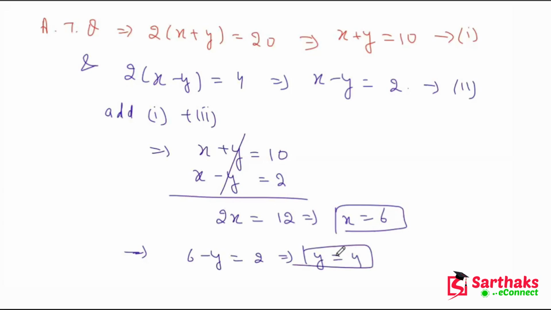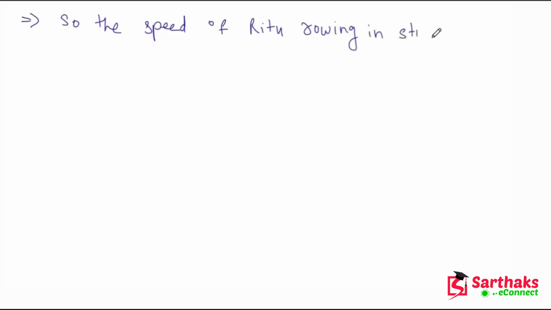So the speed of Ritu rowing in still water is equal to what? 6 kilometer per hour.